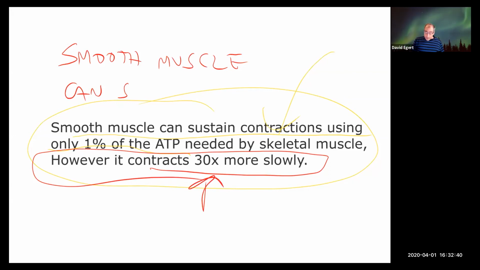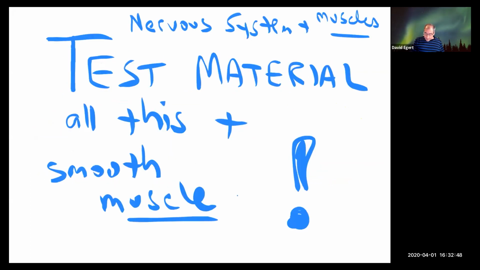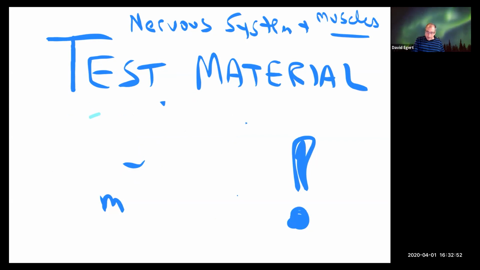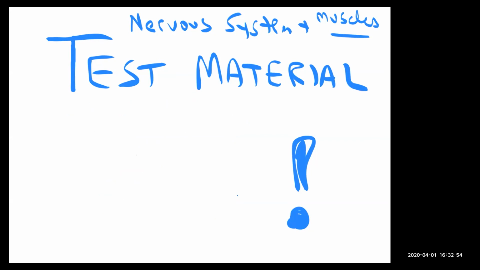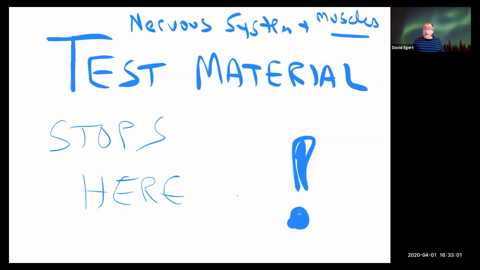Now I can say, test material. So skeletal muscle has one way to be excited, and smooth muscle has multiple. Exactly.